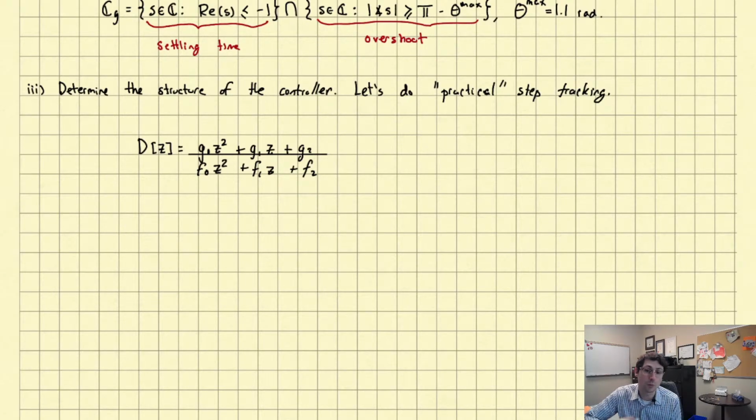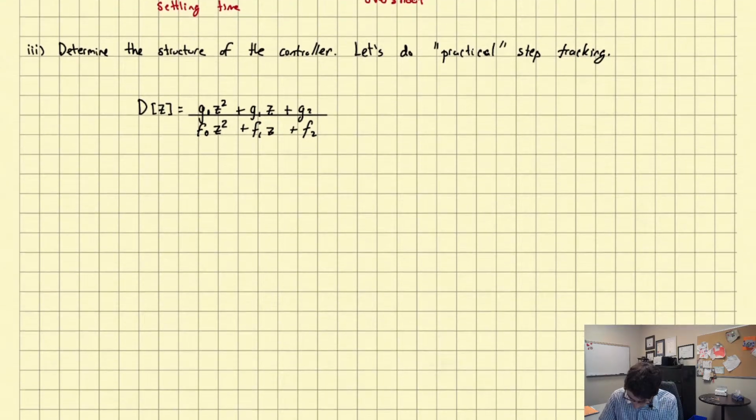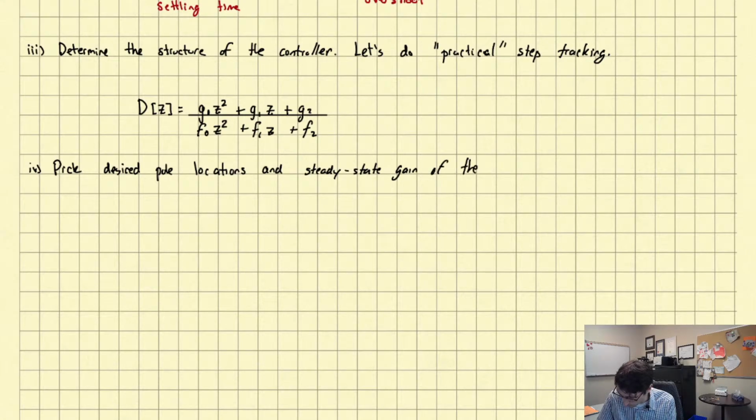So now that we know the controller structure, we can pick desired pole locations, and also steady state gain of the controller. Because remember, we're doing practical step tracking, so we have that delta parameter that we get to pick. Okay, so second order plant, second order controller, let's pick 4 poles. And remember how we do this.